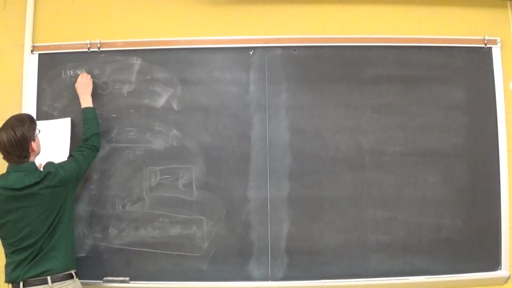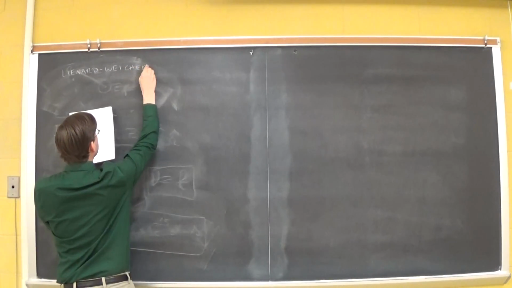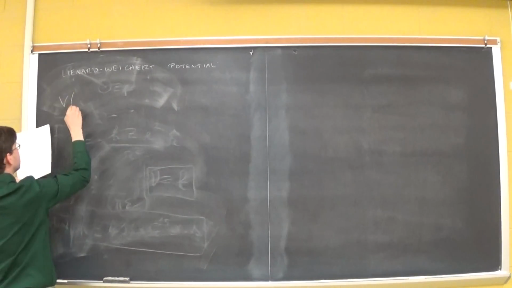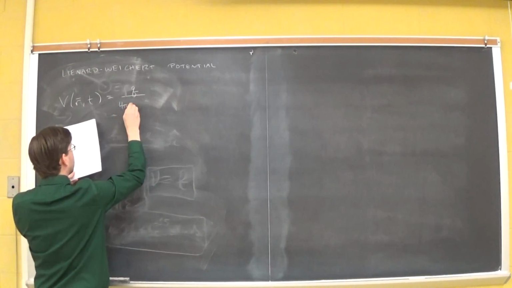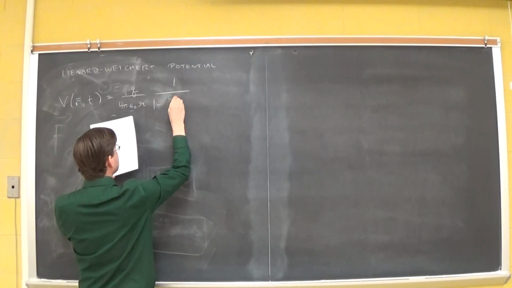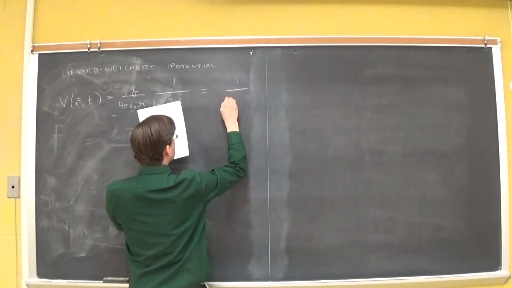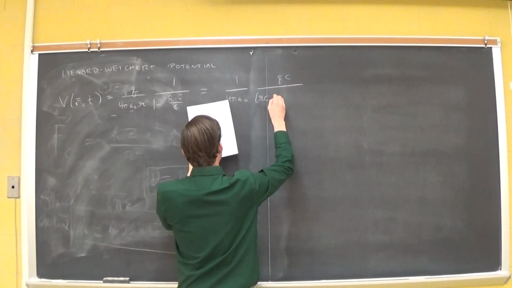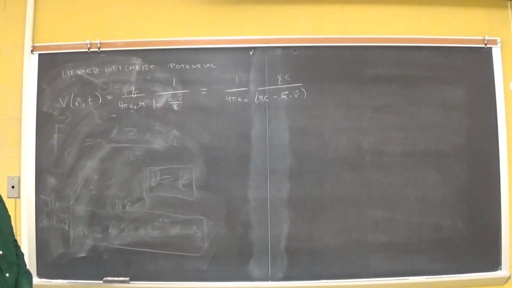So we have that the Liénard-Wiechert potential was written as V of R and T is equal to Q over 4 pi epsilon naught times curly R times 1 over the quantity 1 minus curly R hat dotted into V divided by C. Okay, and then we can also say that that's equal to 1 over 4 pi epsilon naught times QC over curly R times C minus curly R vector dotted into V. Okay, so that's our potential V.